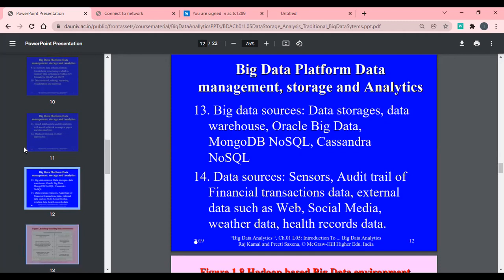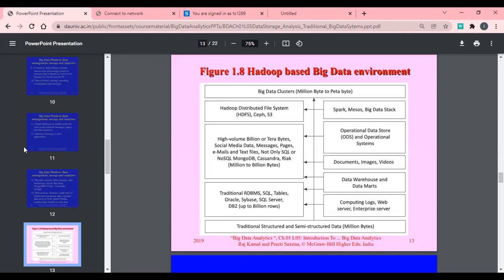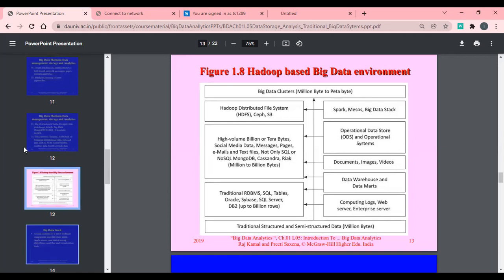The next one is the Hadoop-based big data environment. Already we know that diagram. Mainly we are going for the Hadoop distributed file system. Why? Because of the high volume of data, billions and billions of terabytes on social media and messages, pages, emails, text files. Not only SQL, we are going to use NoSQL databases.